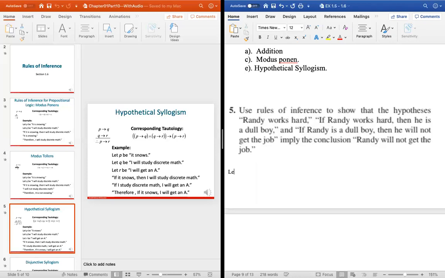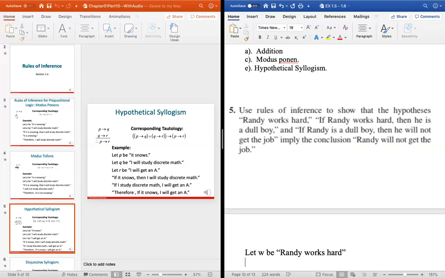So we can say let W, let me increase the font size, let W be Randy works hard, we will just assign those variables to those statements.